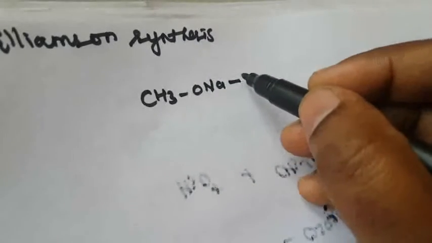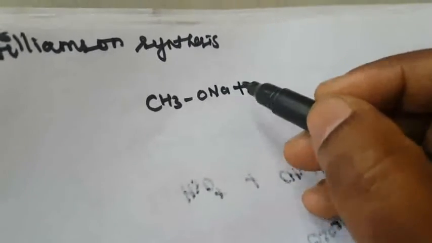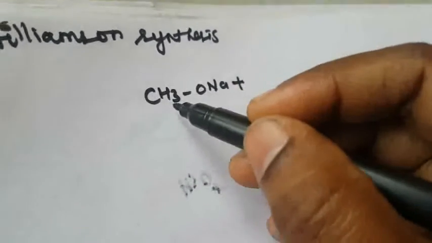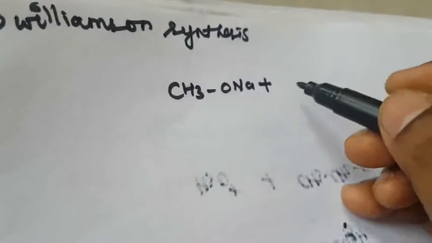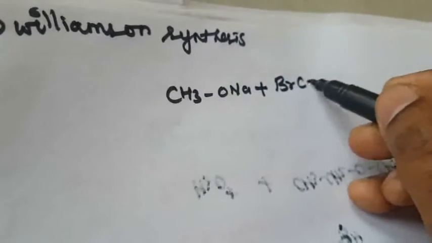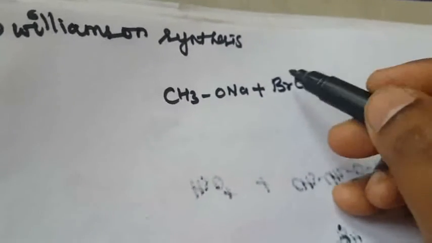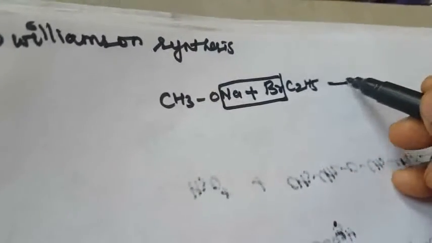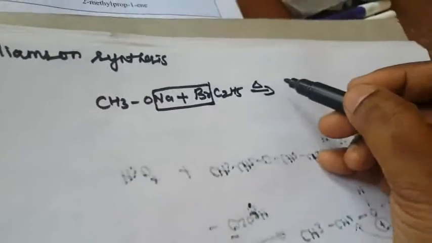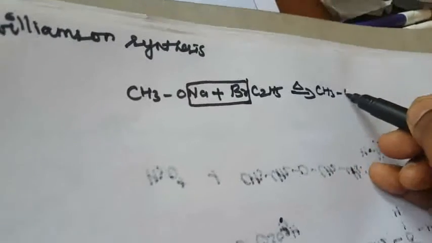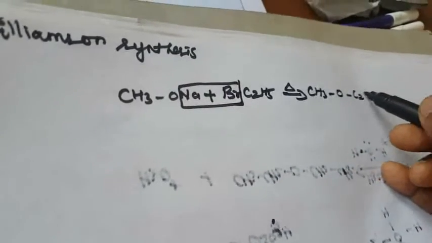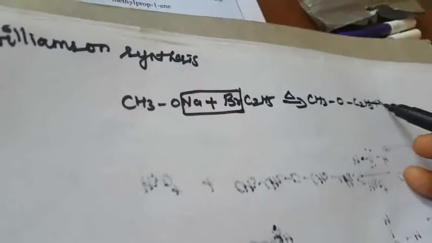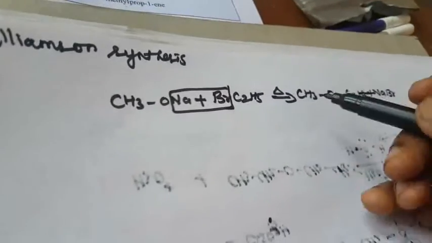So what is this component? Sodium methoxide, BrC2H5, that is alkyl halide. NaBr will be liberated. Okay, so what is this compound when you are heating? So that is CH3OC2H5 plus NaBr.